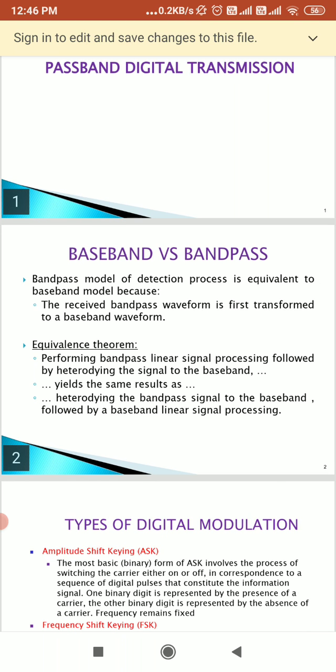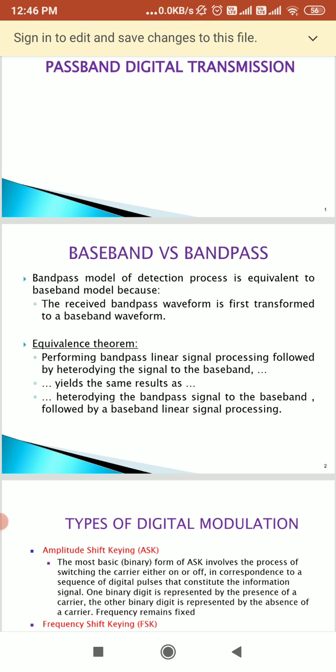In a baseband pulse transmission, a data stream will be represented in the form of a discrete PAM signal that will get transmitted over a low pass channel. And if we talk about the digital passband, the incoming data stream is modulated onto a carrier with fixed frequency, and then it will get transmitted over a band pass channel.